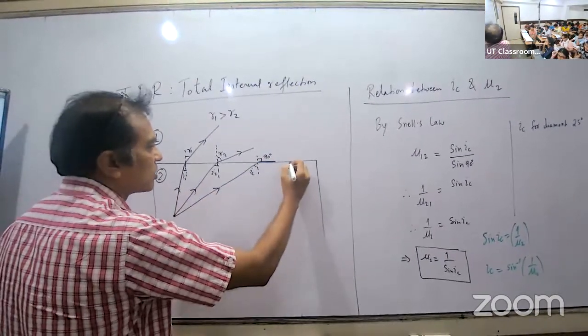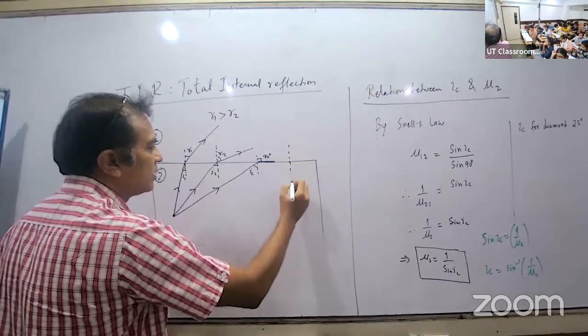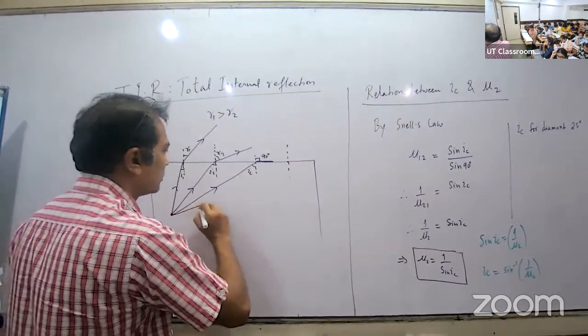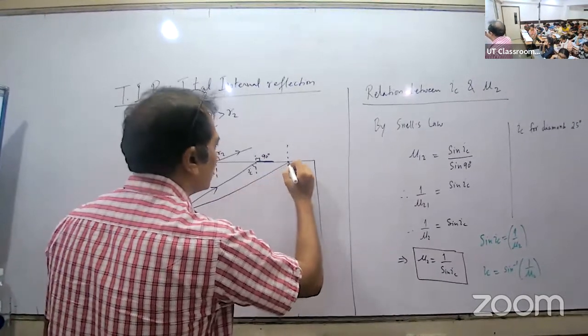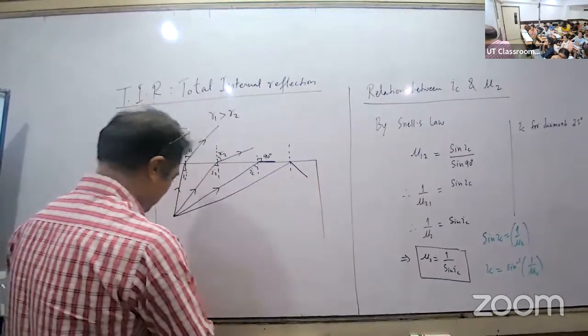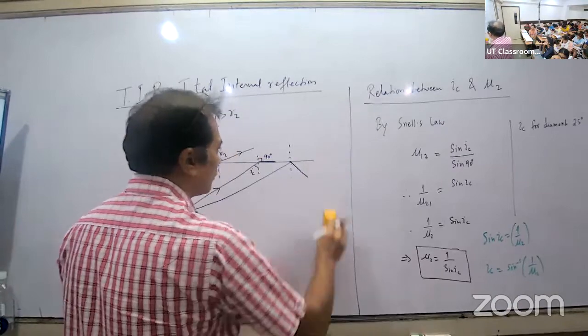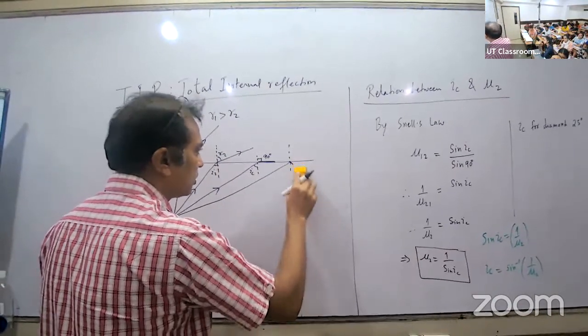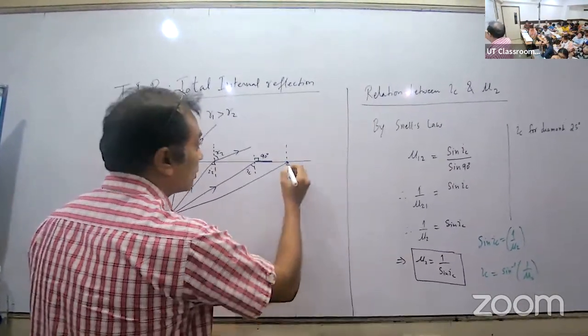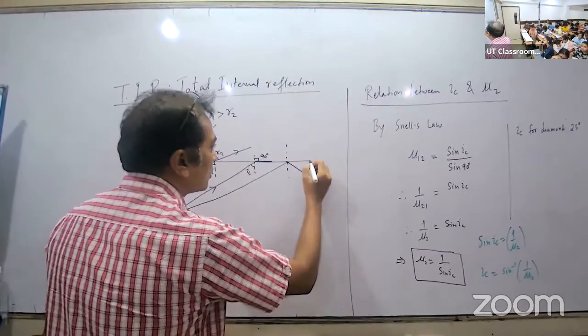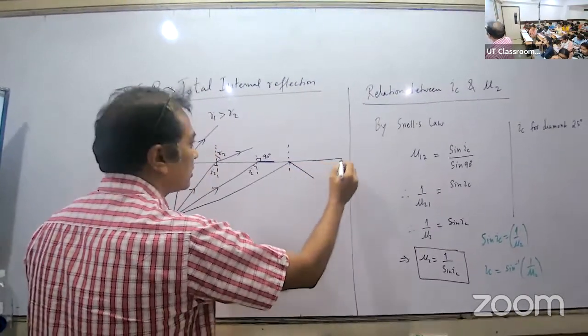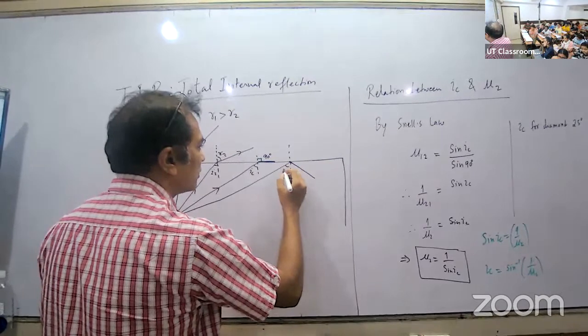Now here what happens when the angle of incidence is greater than the critical angle? Total internal reflection. What you will get is total internal reflection. So is it better reflection than in the case of a mirror?